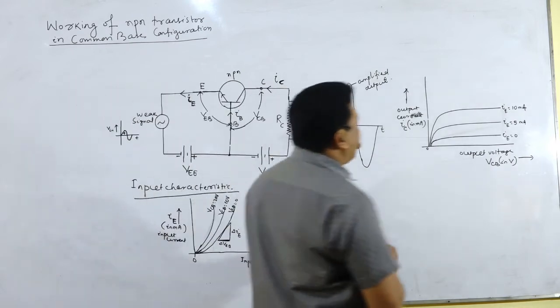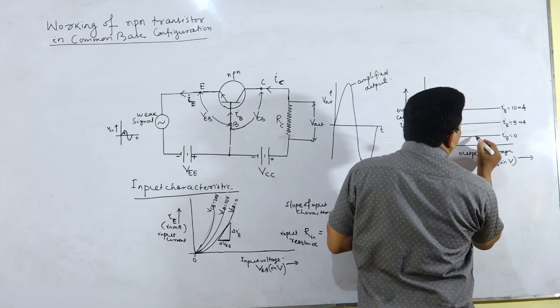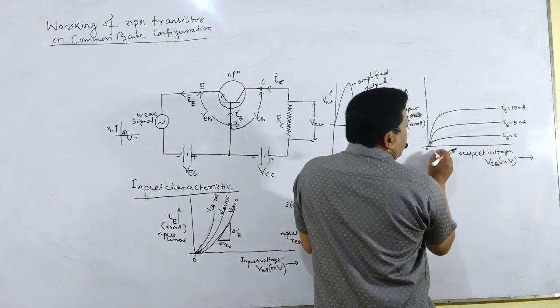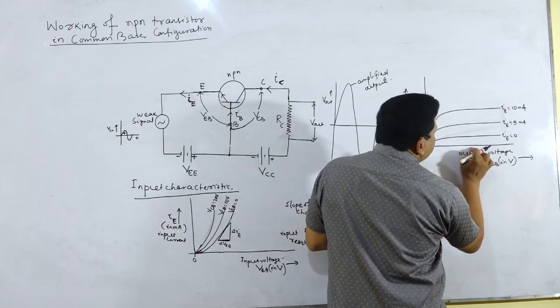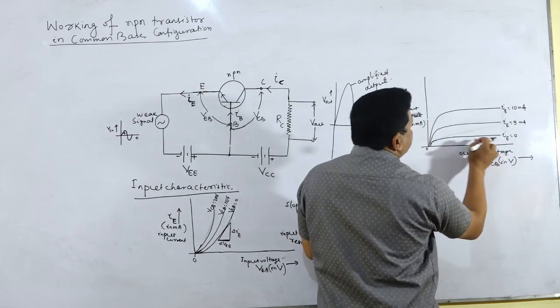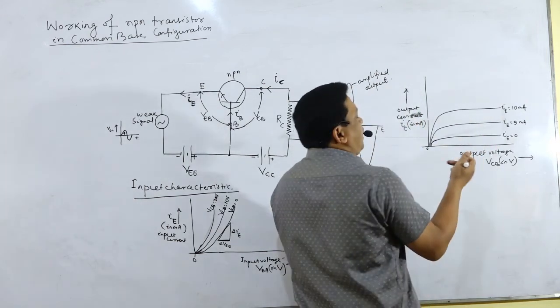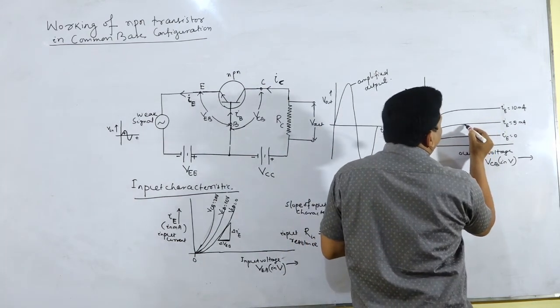Look here. You find that a very large change in output voltage brings a very small change in output current. You will find out the slope. Take 2 points here.